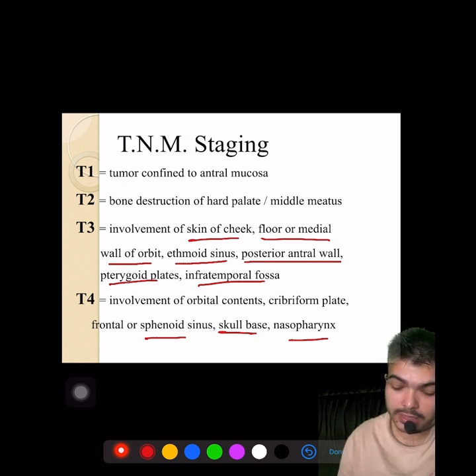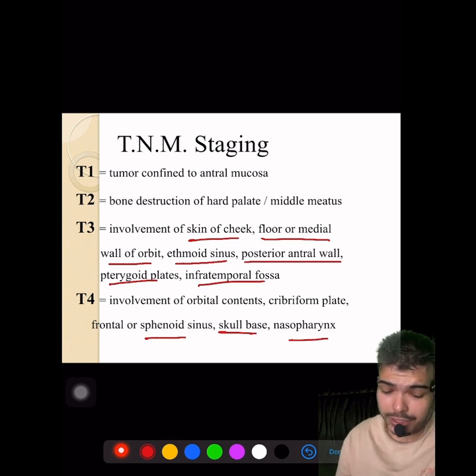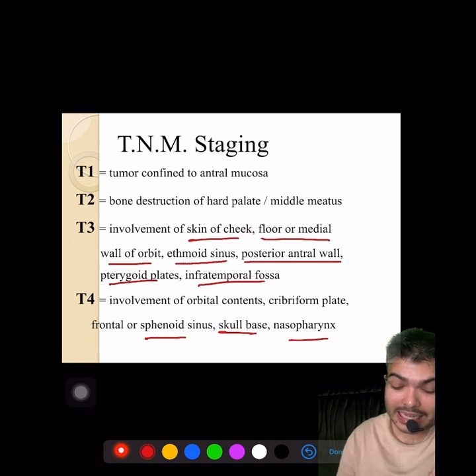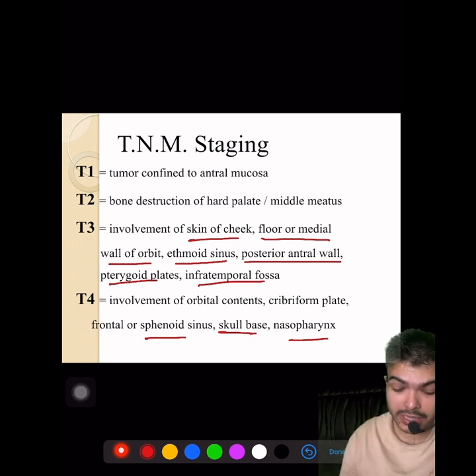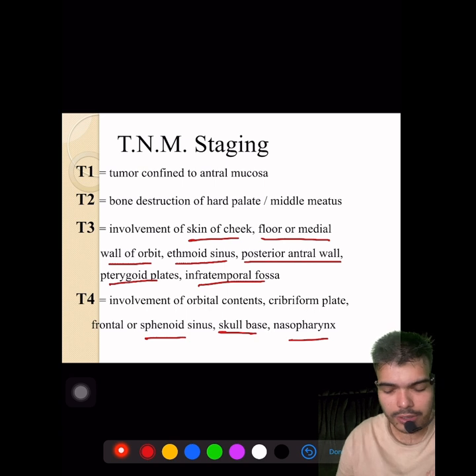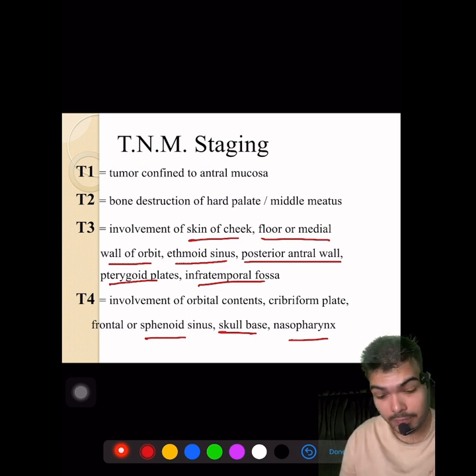Midfacial Weber-Ferguson incision, lateral rhinotomy incision, craniofacial resection, midfacial degloving. Use of prosthesis, orbital exenteration. These all are actually the methods by which we can go for total maxillectomies.